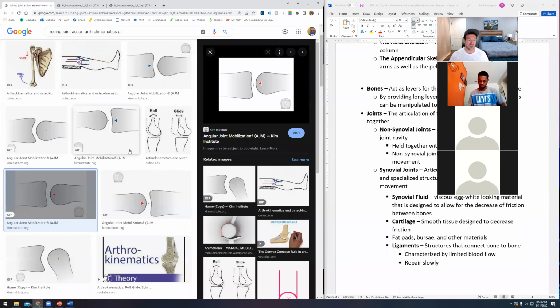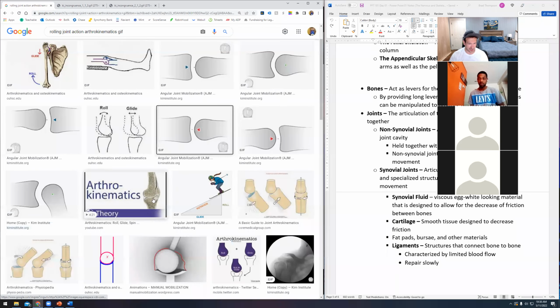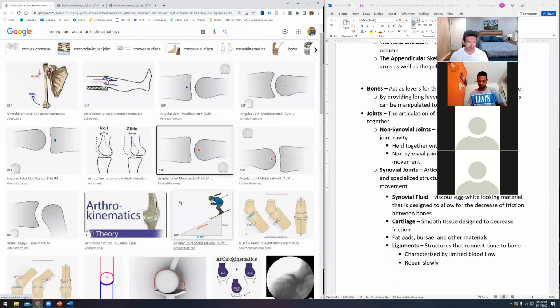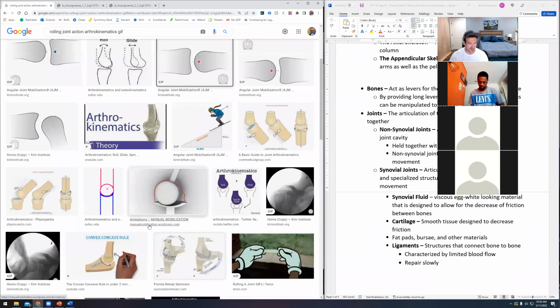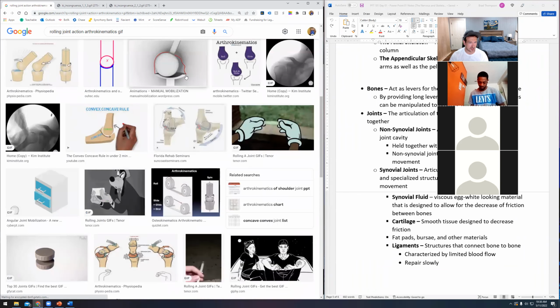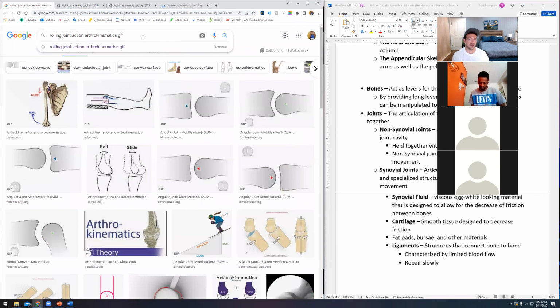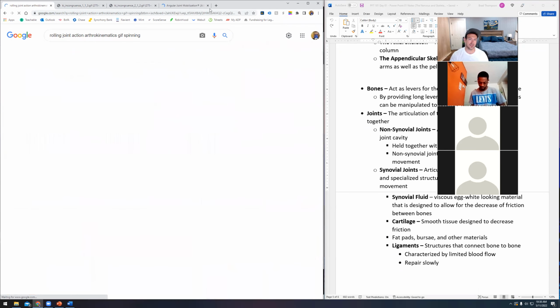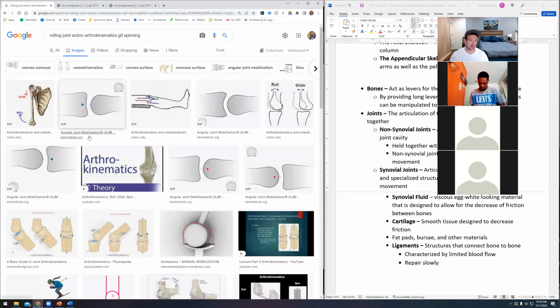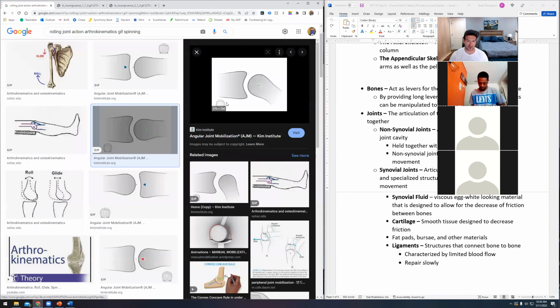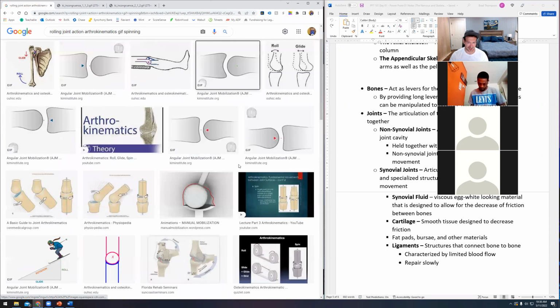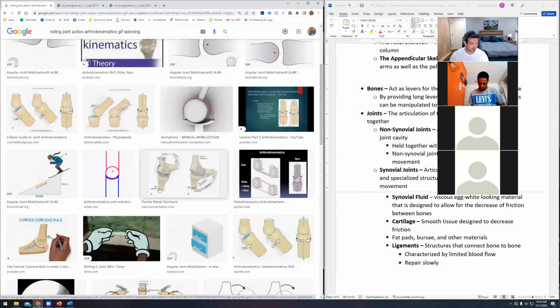And then we'll see a spinning action as well, which I can never find a good picture of the spin one. Come on, internet. I don't know why I'm expecting poor internet to have to draw these things because I can't.